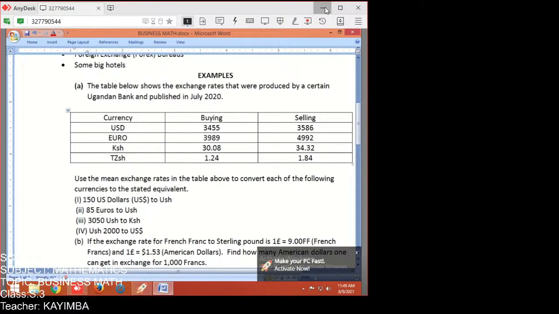Remember, 1 Kenyan shilling is equal to 32.2 Ugandan shillings. Then how about x Kenyan shillings? We are looking for the Kenyan shillings that are equivalent to 3050 Ugandan shillings. Cross multiply. 32.2x is equal to 3050 times 1. So 32.2x is equal to 3050.